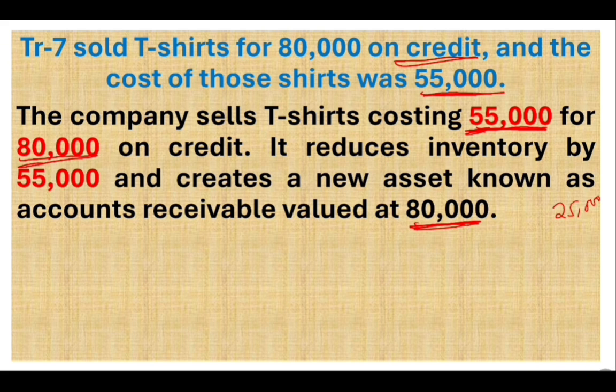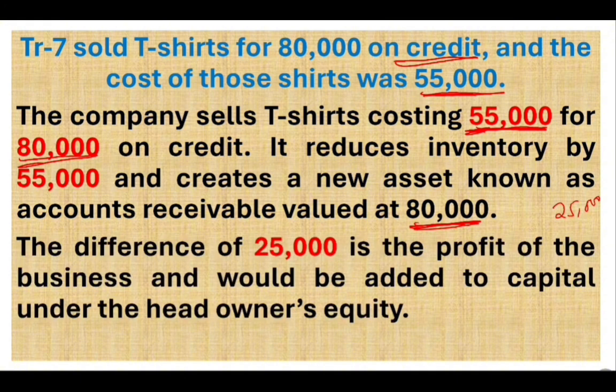Since the t-shirts are sold on credit, there will be another asset account created here, that is account receivable, and this is the money that we are going to receive in the future through our agreement with our customers.